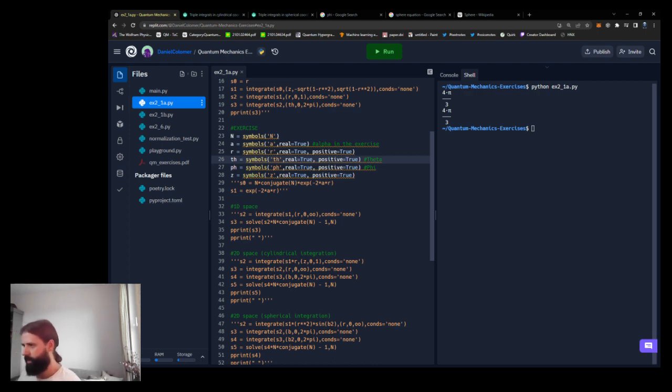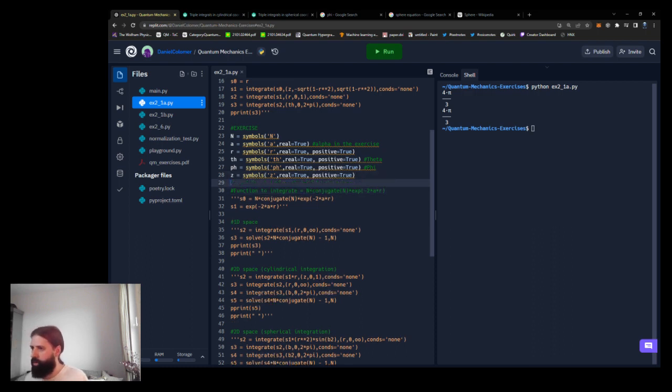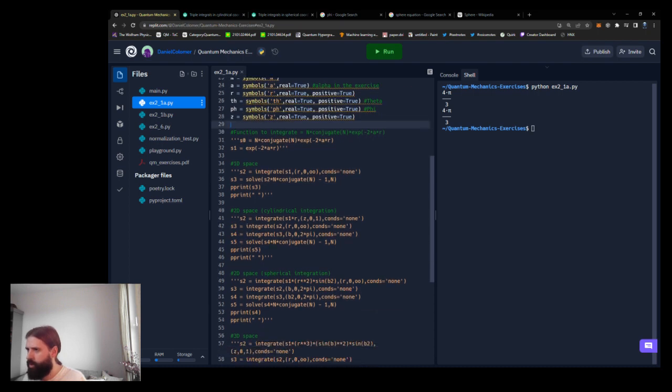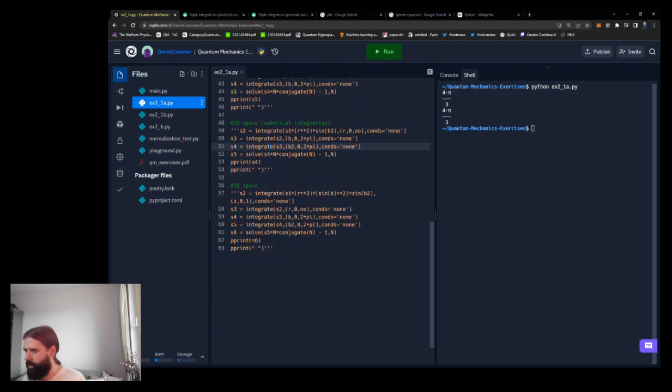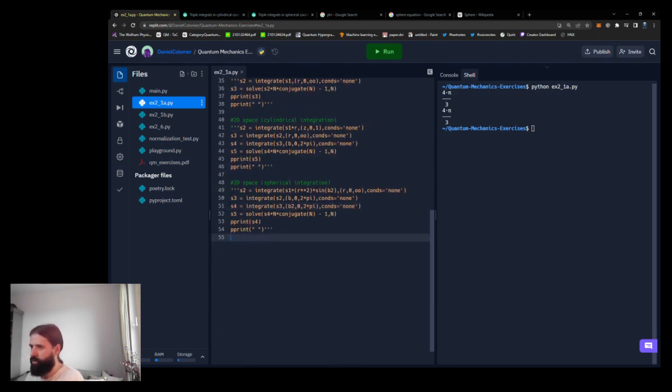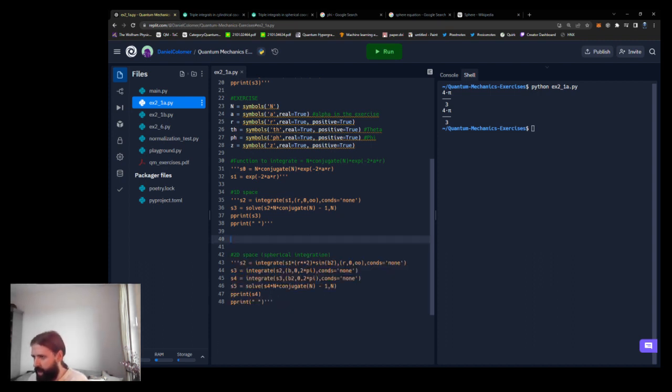So our function to integrate is this one, and what we're trying to do here, I think I'm going to skip all these different spaces, and just stick to the case at hand that I know.